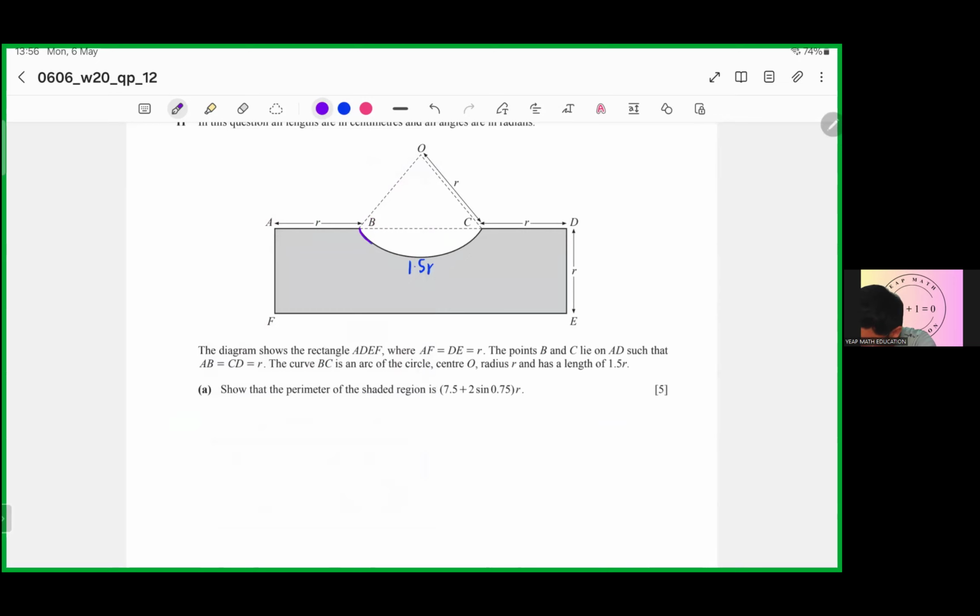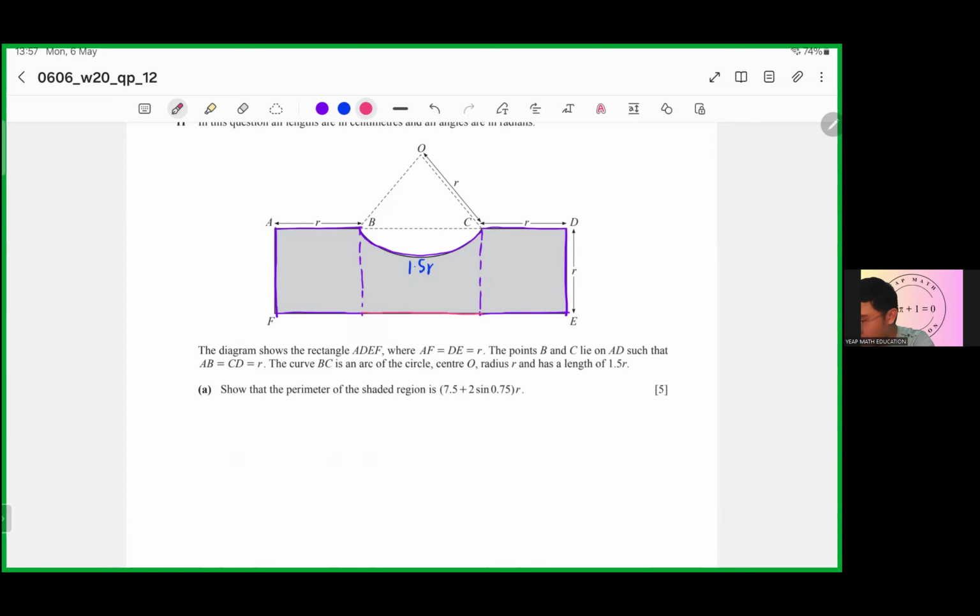So we need to find this part, this part, and then this part. This we already know, but the problem is we don't know this length.